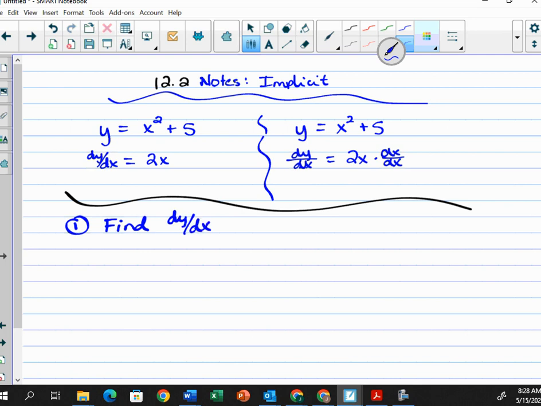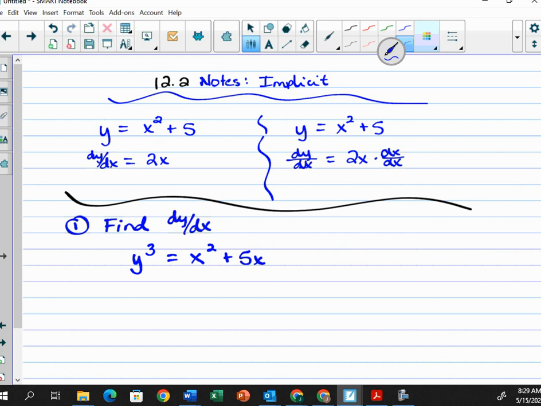But you'll have equations like y cubed equals x squared plus 5x. You guys see how that's different than what we've been doing? We certainly haven't had a y cubed in anything, okay?